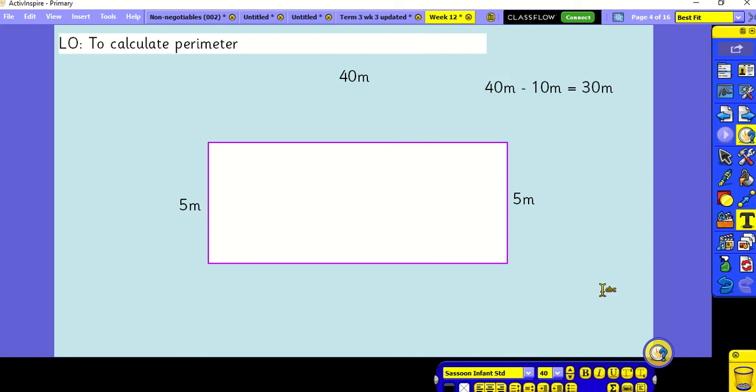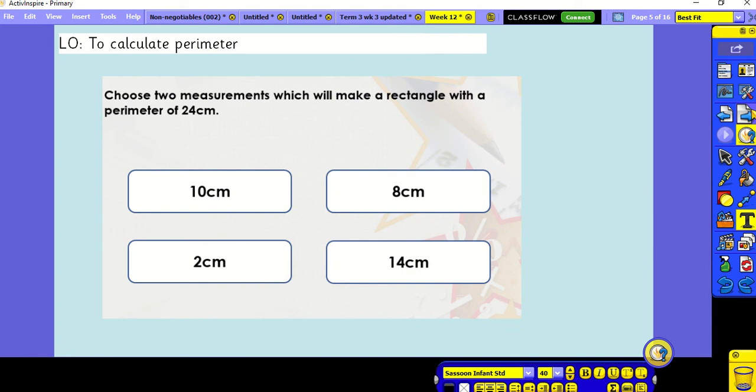So these two sides must add together to equal 30, and they must both be the same number. So half of 30 equals 15 meters, and 15 meters. Let me just check that they all add up to 40. 15 add 15 is 30, 35, 40. Yes, they do.